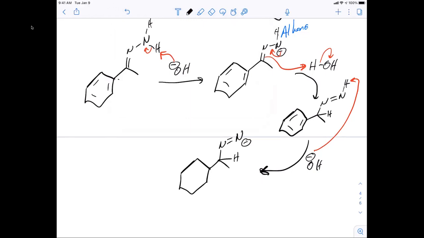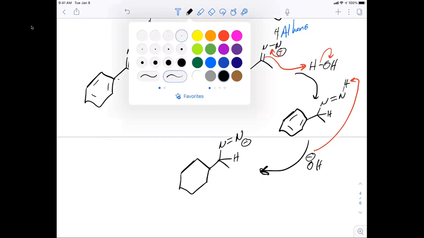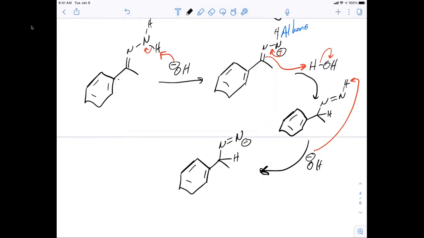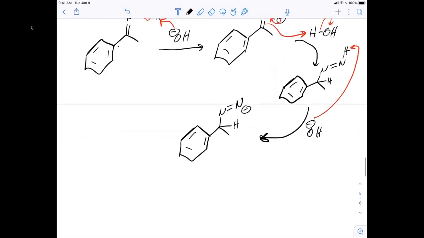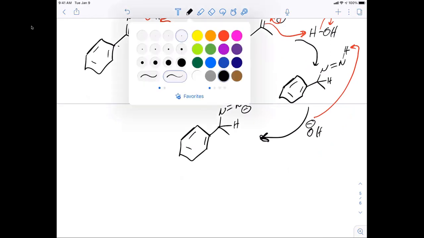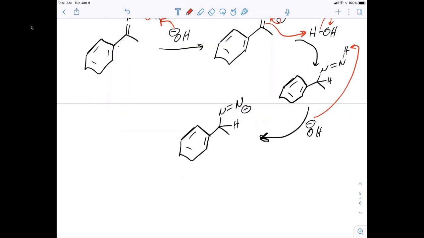Okay, now we have that negative. And the driving force for this last part is the fact that these electrons come around to make a triple bond to that nitrogen.